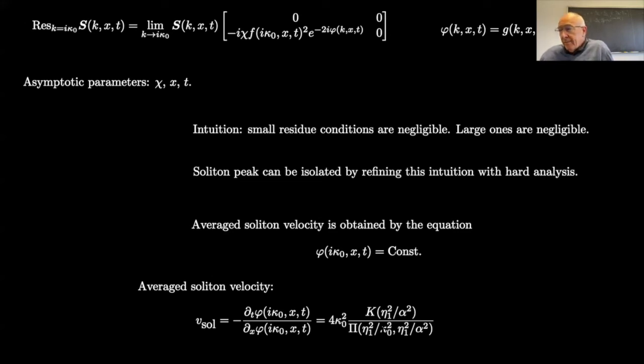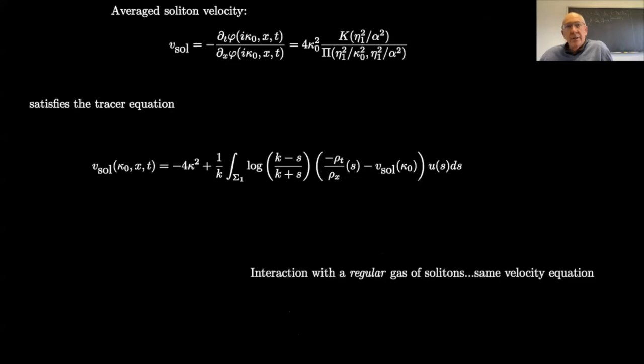And I don't have a plot to show you that, but it's spot on. This is the averaged soliton velocity, and it actually also satisfies the kinetic equation for the tracer velocity. Even though it's all very regular, very precise solutions, it still satisfies the tracer equation.